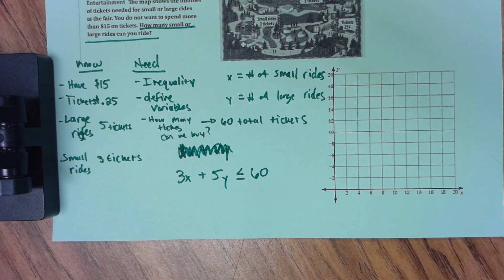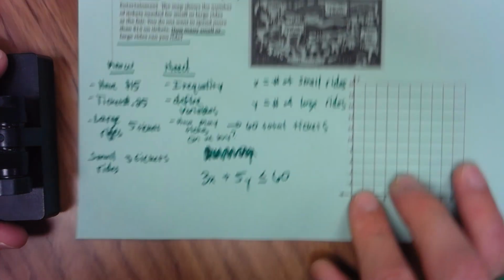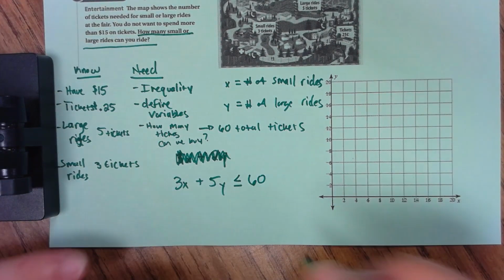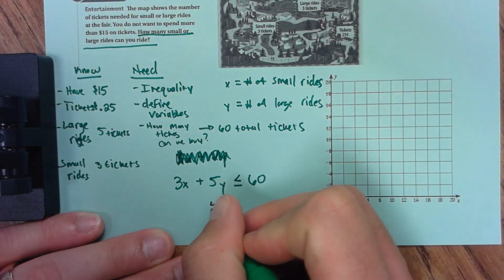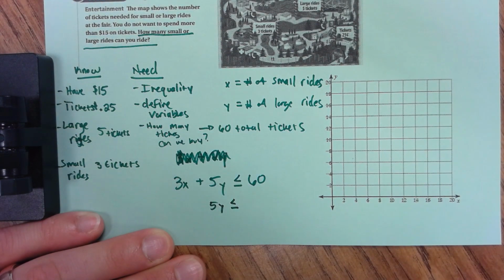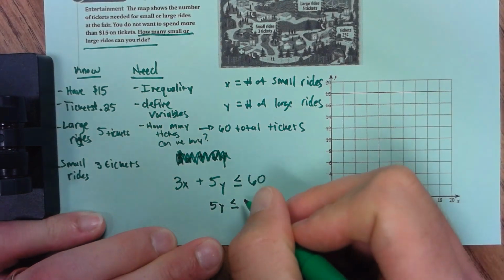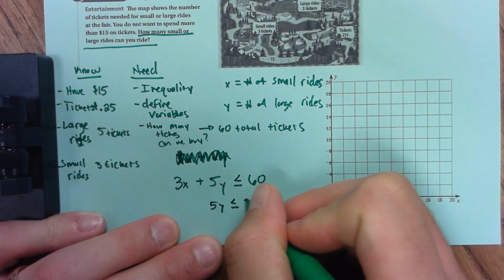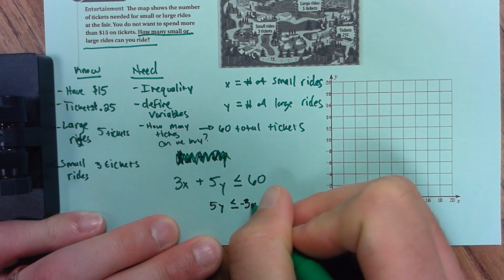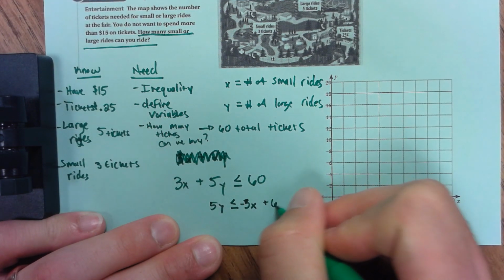And now we need to graph this. To graph this, there are a couple different ways. You could find the x and y intercepts, or we can just work to get y by itself, and I'm going to do that. So I'm going to subtract 3x, so 5y is less than or equal to negative 3x plus 60.